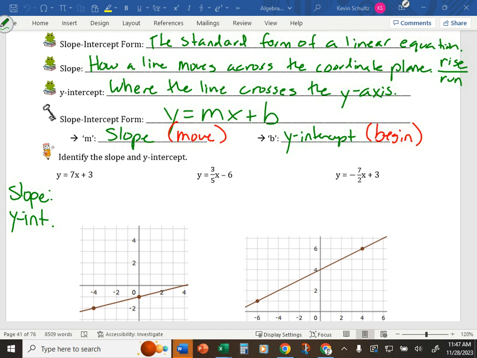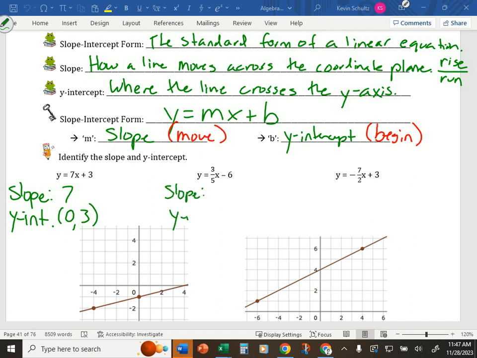Our coefficient to x. What is the y-intercept? 3. But I don't want you to just put 3. I want you to write it as an ordered pair, because that's really what it is. (0, 3). Slope is not an ordered pair, so I don't have to write it like one. But the y-intercept is.